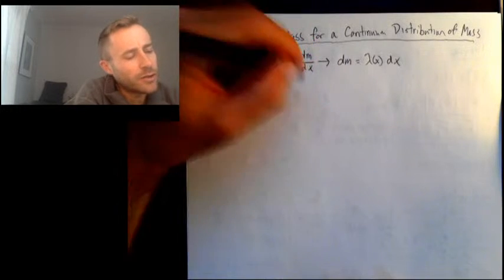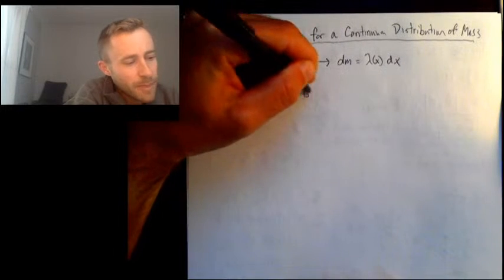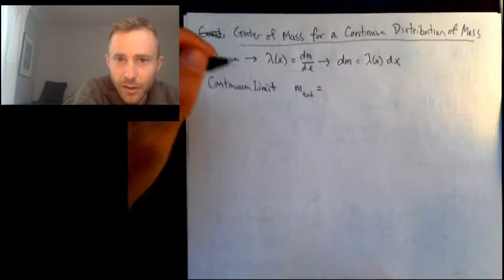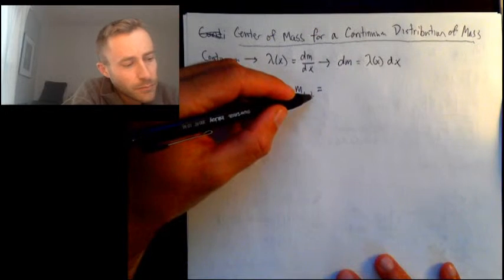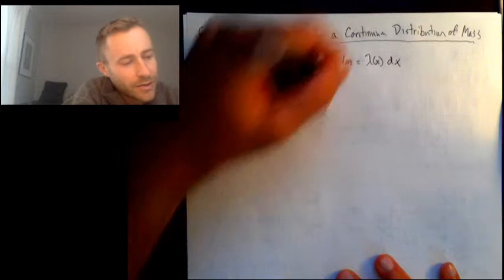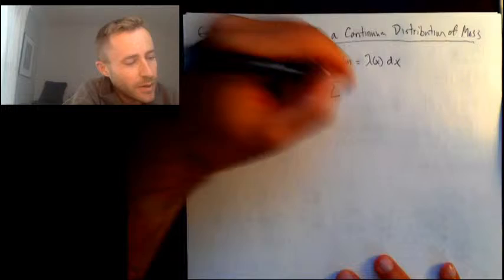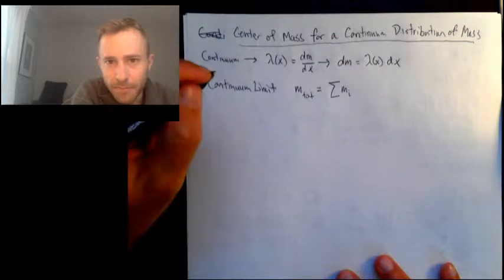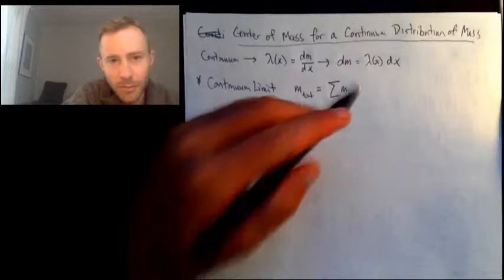So let's take for example m tot. The total mass could be thought of as the sum, using sigma notation, of m sub i, the ith mass. You take all the masses and you sum them all up.